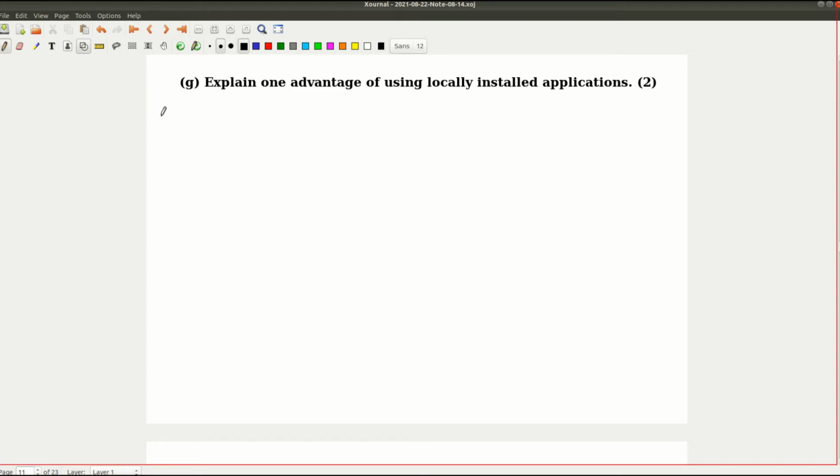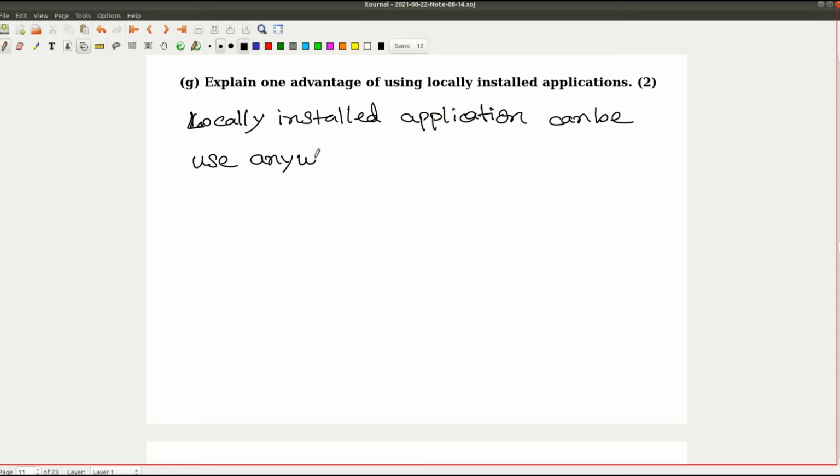So locally installed software, I can write, can be used anywhere without an internet connection, right?